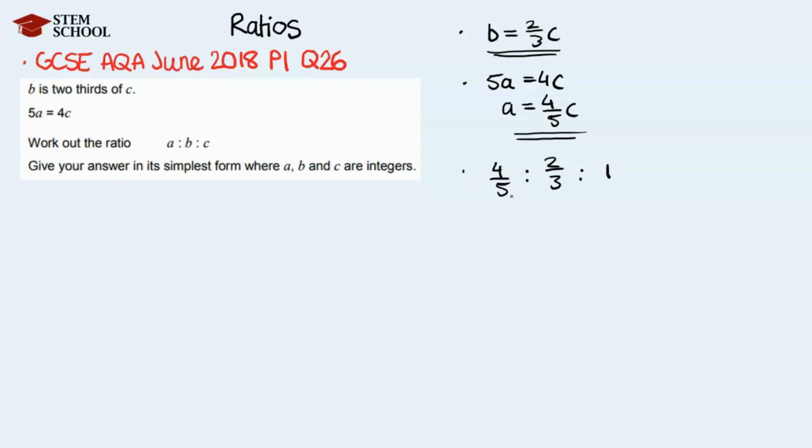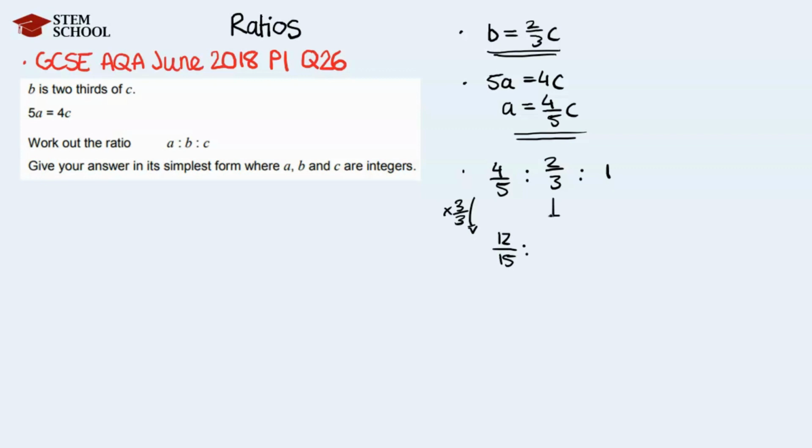Now we don't want fractions, we want integers, so we have to convert this. We can put this over a common denominator. The common denominator for 5 and 3 would be 15. To convert 4/5 to a common denominator of 15, you multiply it by 3/3. So 4/5 times 3/3 gives you 12/15.